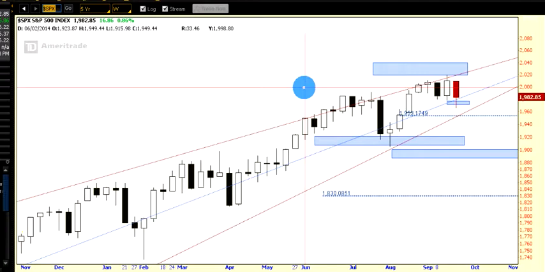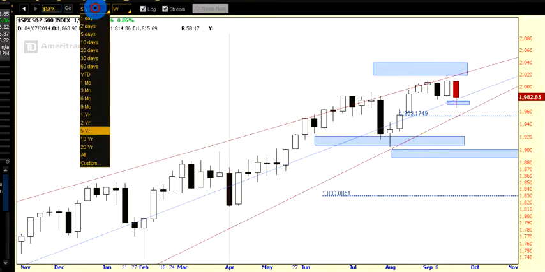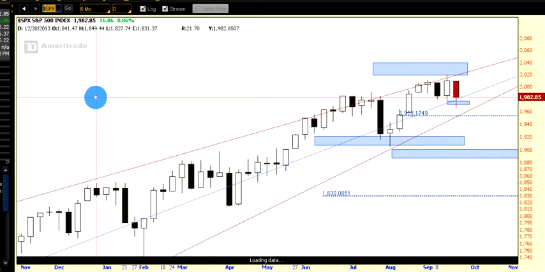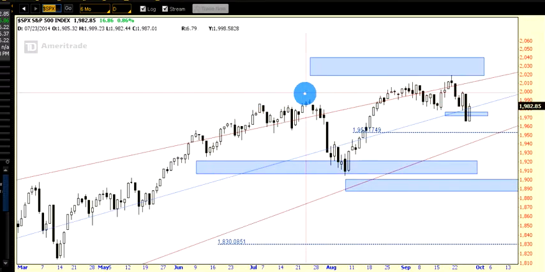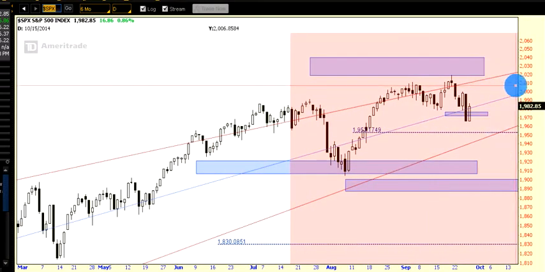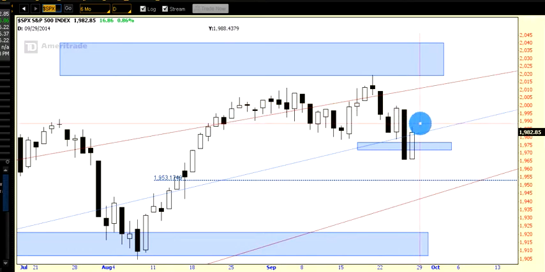But again, if we close above that Friday's high, that inside day high, then you look for a close above this high on Monday. I think you look for the market to go higher, even though there's not a lot of room for it to go higher.